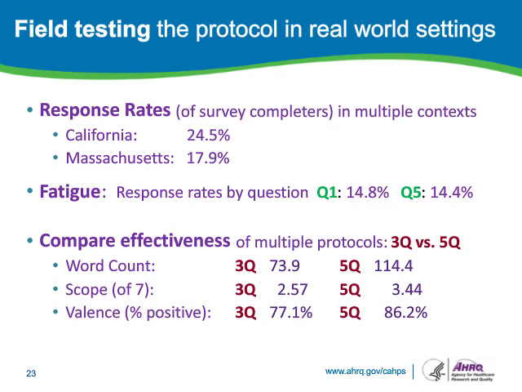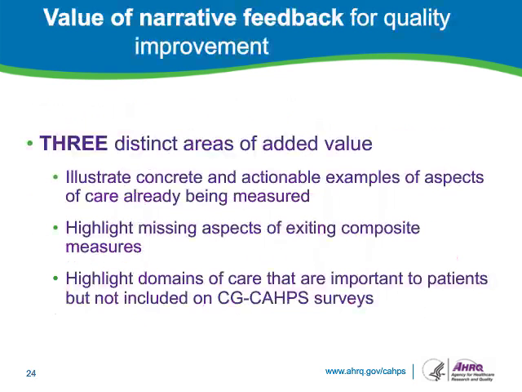Next slide, please. Now, the punchline of all of this is the extent to which these open-ended questions give us information that is useful above and beyond the close-ended CAHPS data. And so there are three categories in which this might have value. One is because there's concrete illustrations of things that CAHPS is already measuring with its close-ended questions and composites.